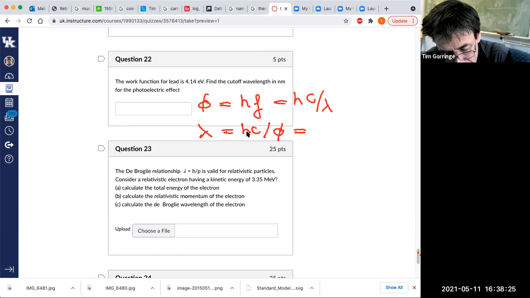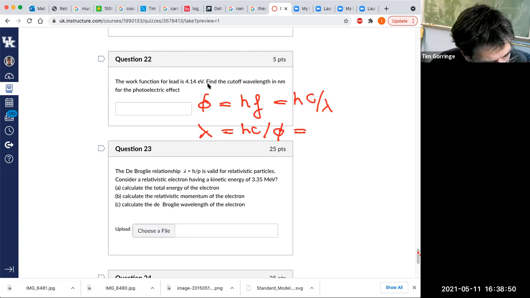That's 6.6 times 10 to the minus 34 joule seconds. Speed of light, 3 times 10 to the 8 meters per second. And the work function is 4.14 electron volts. You'll want to write that in joules by multiplying by 1.6 times 10 to the minus 19, which converts the electron volts to joules.